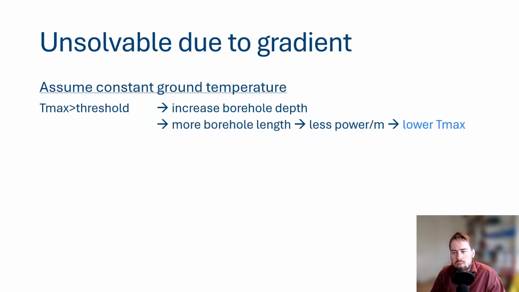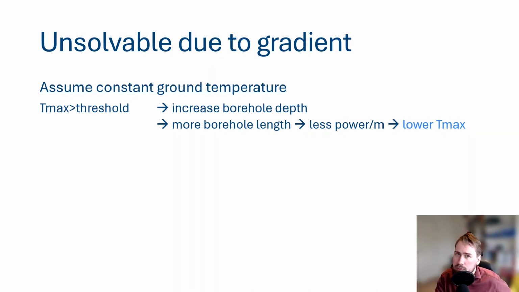Now, there can occur an error. And to explain this, let's assume that there is a constant ground temperature. So in that case, we calculate the temperature profile and we see that our maximum average fluid temperature is above our threshold. So in case of passive cooling, typically above the 17 degrees Celsius threshold. So what our method does is it will increase the borehole depth.